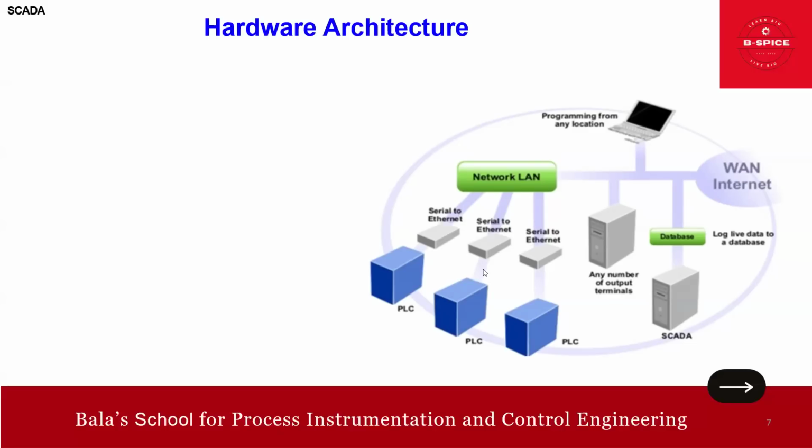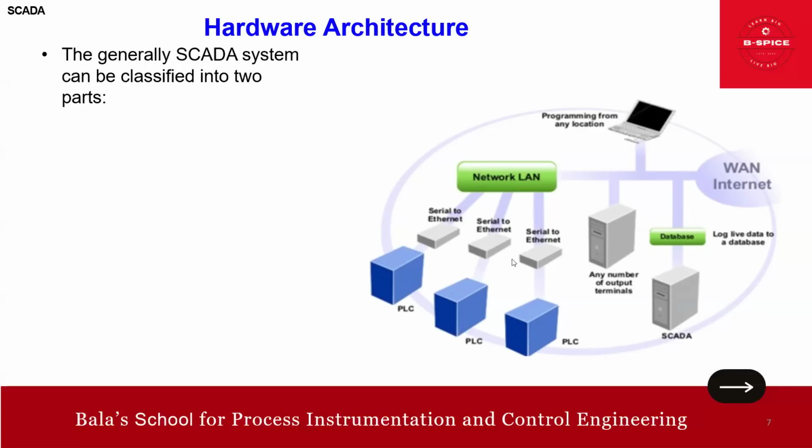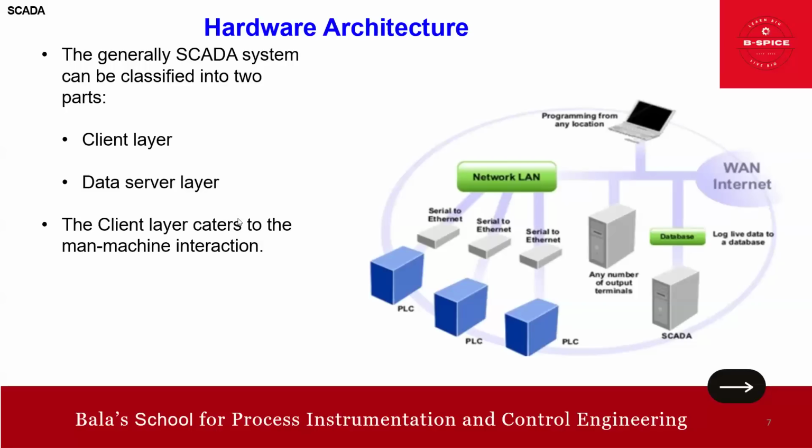And of course, we are going to talk about the components level individually later. So again, this is an overview, friends. Generally, a SCADA system is classified into two parts. You are aware, right? One is a client layer, other is a data server layer. So the client layer caters the man-machine interaction, that is the HMI or MMI, where the operator sits and monitors and does the operations.